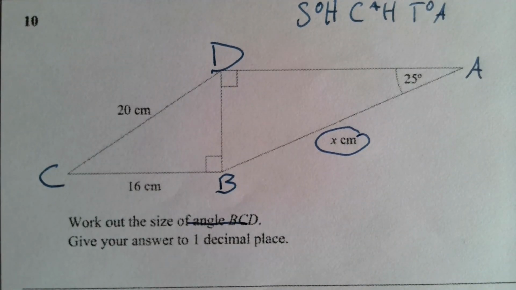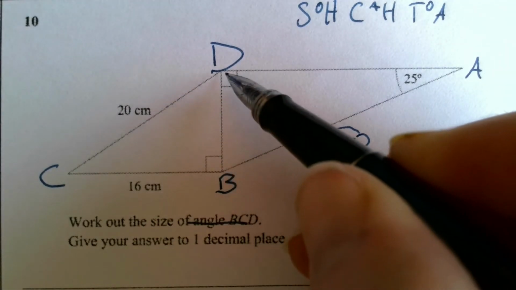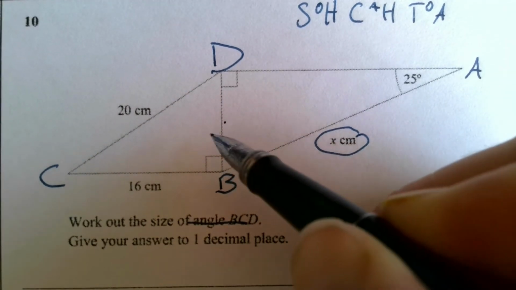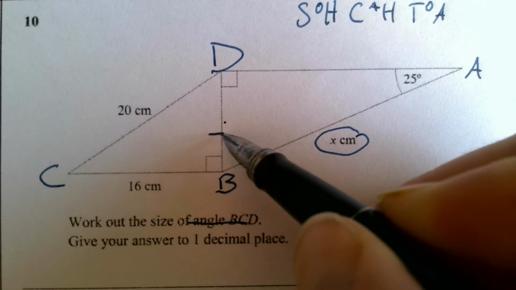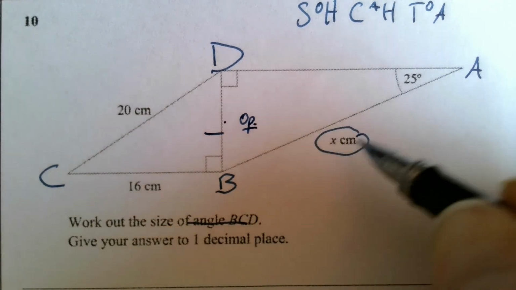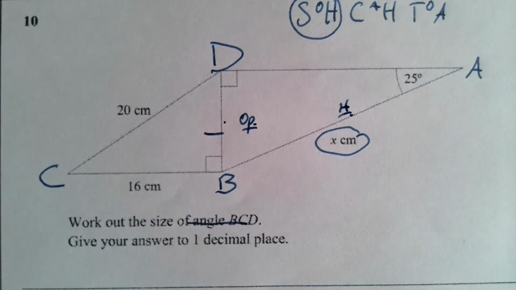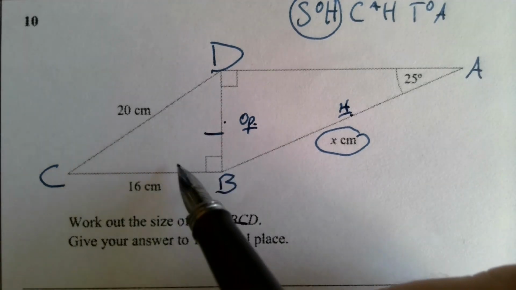So in order to do that, I could use Pythagoras to work out this length. And once I know that length, there would be the opposite, and this length here would be the hypotenuse. So I could then use sin. So what have I got?